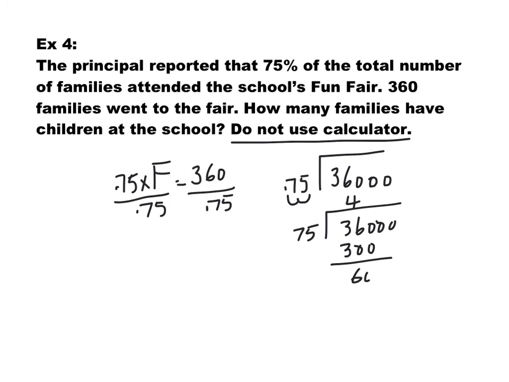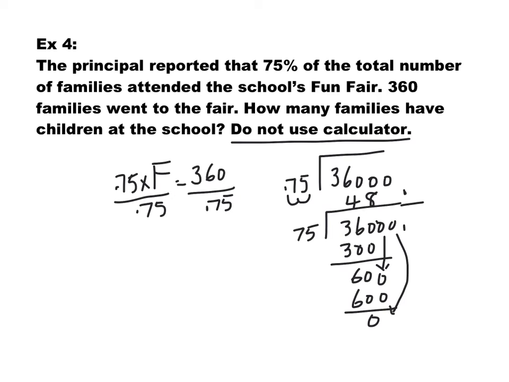So I get 60 down. Remember the decimal again is here, so I put the decimal right there. Now for 60 I bring this 0 down, so I get 600. 600 divided by 75 gives me 8. 8 times 75 gives me 600 again, so it's 0.